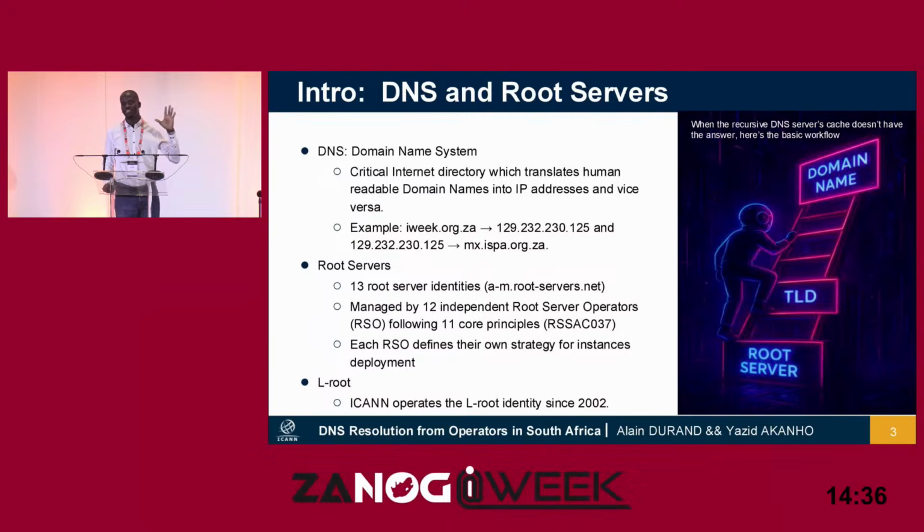Of course, IANA is the sole entity which distributes that root zone file, but the root server operators make sure that this zone file is actually available across these 2,000 plus different points. And of course, Akanho is one of those 12 operators. So we have 13 identities, but Akanho is one of the 12 organizations, because one of them is actually managing 2 different identities.